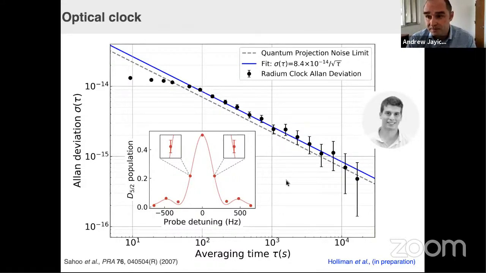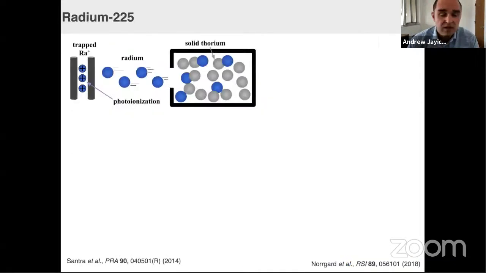Here's another feature. This is a little bit different in how we can start to use radioactivity now to our advantage. So this is a little bit where we're going. We're not doing this yet, but this has been demonstrated. This is a diagram of a thorium oven, okay? You can heat this oven up and you'll get a thermal beam of radium atoms.